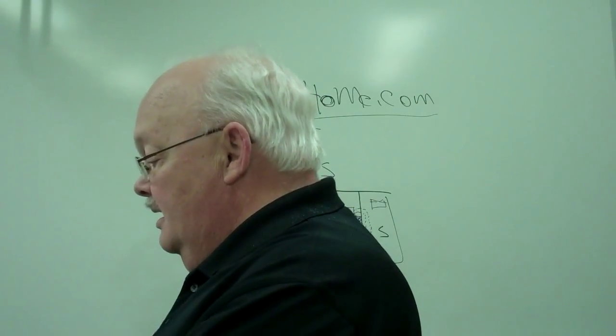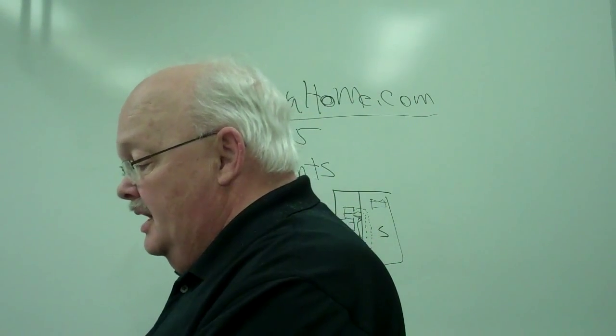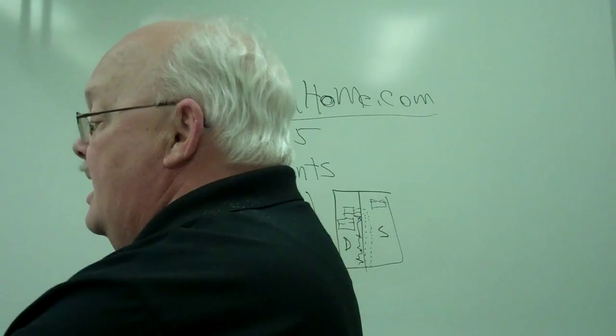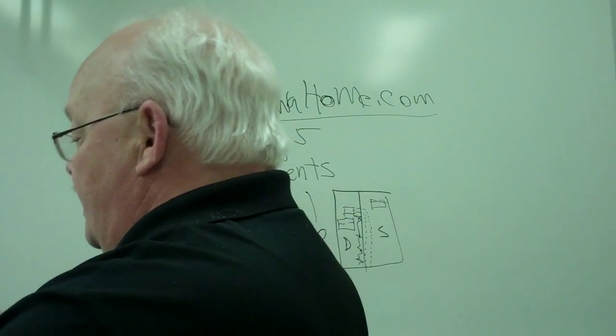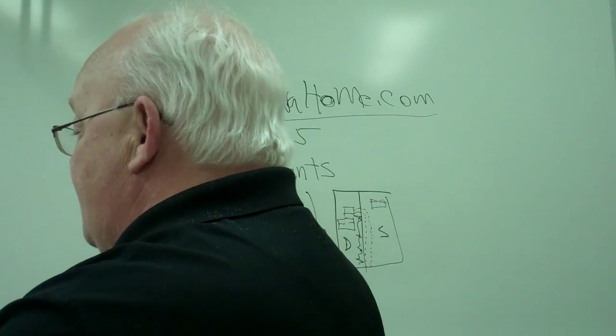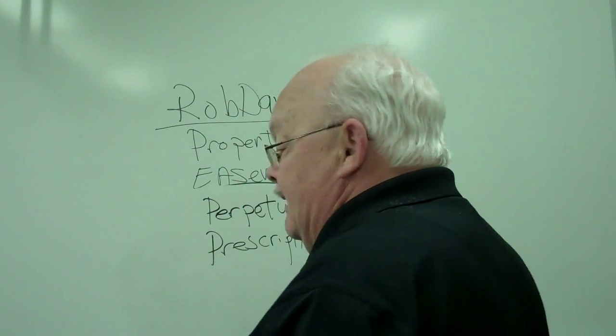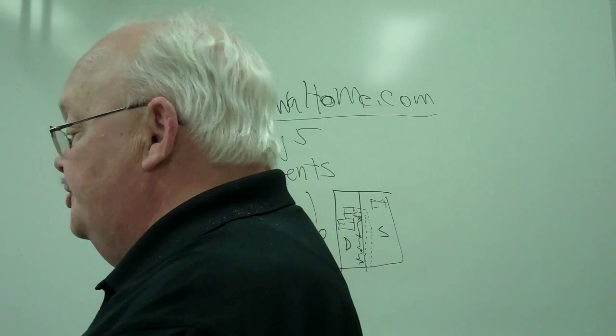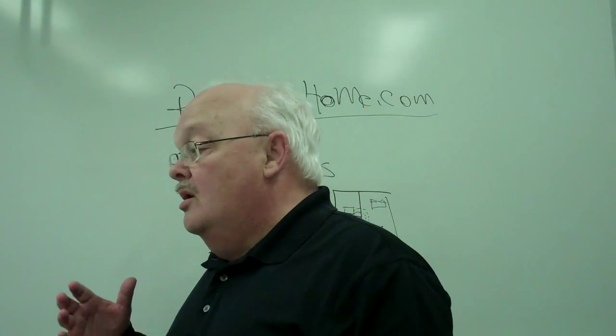Now, an appurtenant easement, what we need to stress on that, has to benefit the other property. If it has no benefit to somebody, it's just an easement there. That's usually what we call an easement in gross.